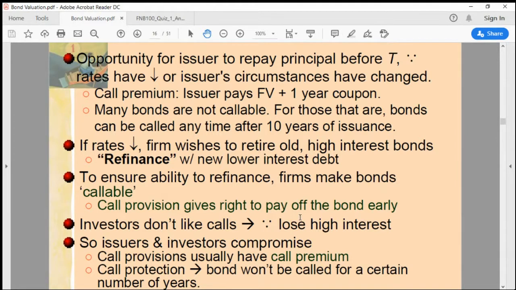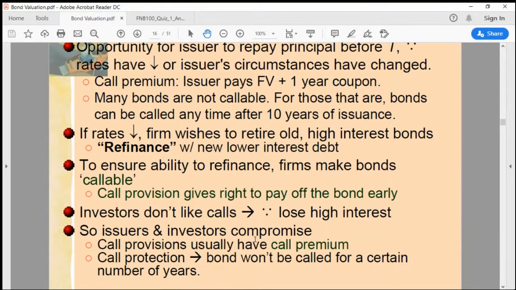But anyway, we're not going to talk about the put at this time. I told you, put and call are basically stock market options, right? But what is put and call in the bond?